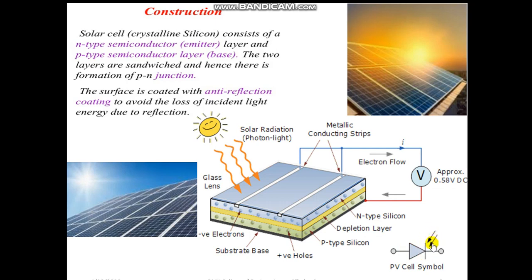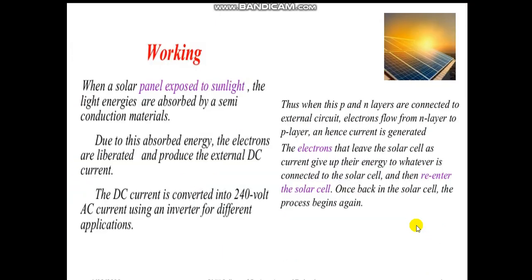These two arrows are incident light. The working principle we already discussed. The output of the solar cell is DC current, which can be converted into 240 volt AC by using a proper inverter.